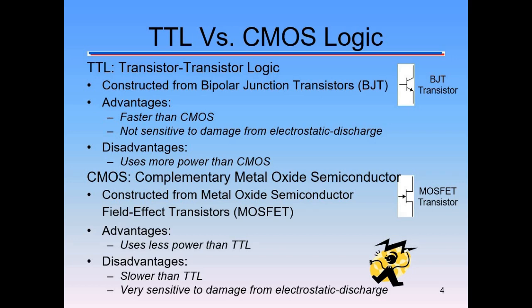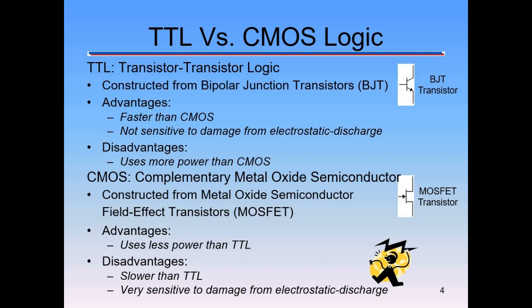So the advantages for our TTL logic are that it's faster than CMOS, and it's not as sensitive to electrostatic discharge, which means it can come within a magnetic field a little bit better. It won't be disrupted as much. The only disadvantage is that it uses more power.